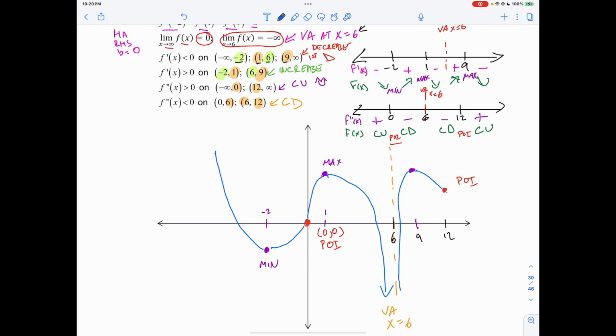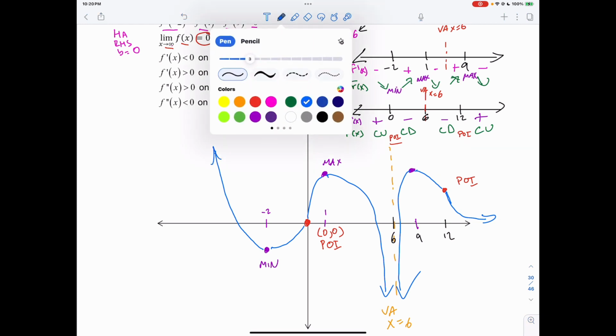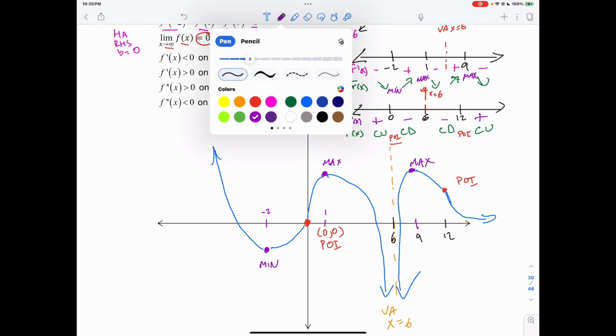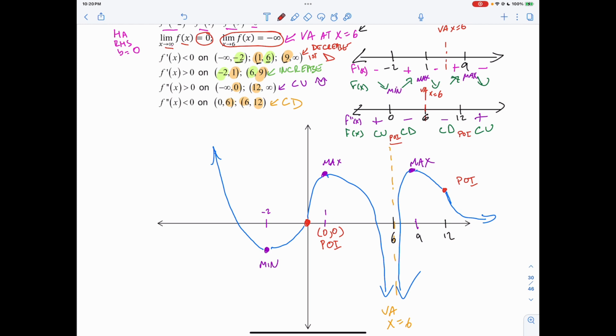And then it's going to switch to concave up. And it's going to approach 0 as it goes off to infinity. And that's what our graph should approximately look like, with a vertical asymptote at x equals 6 and a horizontal asymptote at y is equal to 0.